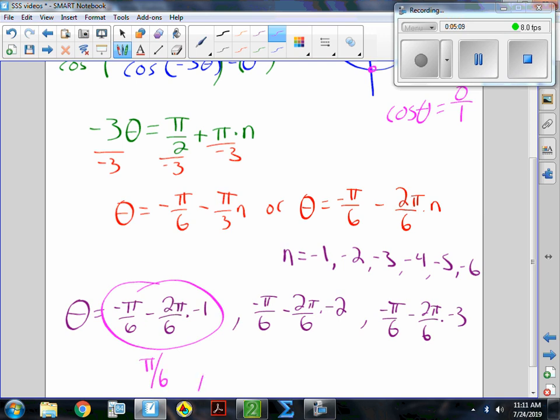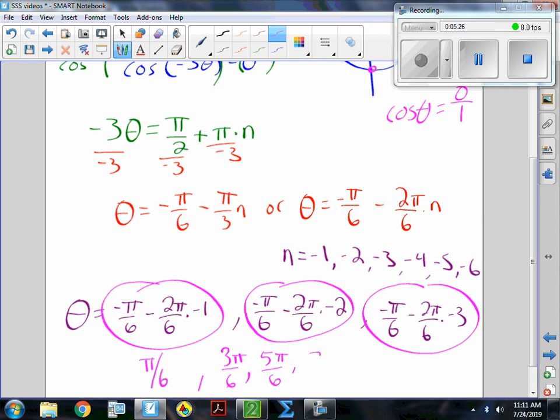And then really I'm just going up by 2 pi over 6 each time. So the next one should be 3 and then 5. We can double check that on the second one. Negative pi over 6 plus 4 pi over 6 is 3 pi over 6. The next one's going to be negative pi over 6 plus 6 pi over 6, so 5 pi over 6. So I am just going up by 2 pi over 6. So do that until I get all 6 answers. 9 pi over 6, 11 pi over 6. And those are my solutions.